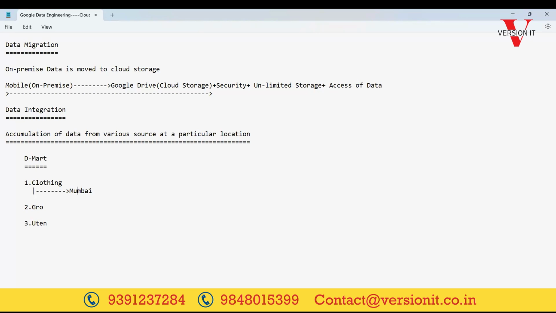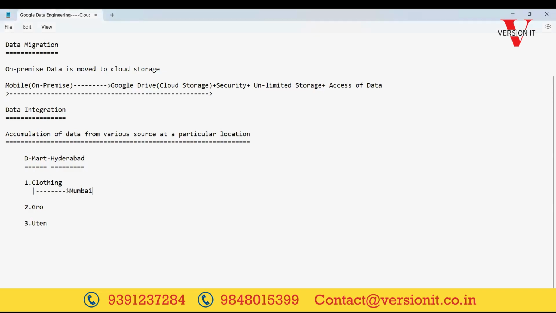That means the manufacturing unit is in Mumbai, but they're selling at DMart in Hyderabad. Am I right? They're selling the same at DMart Hyderabad.